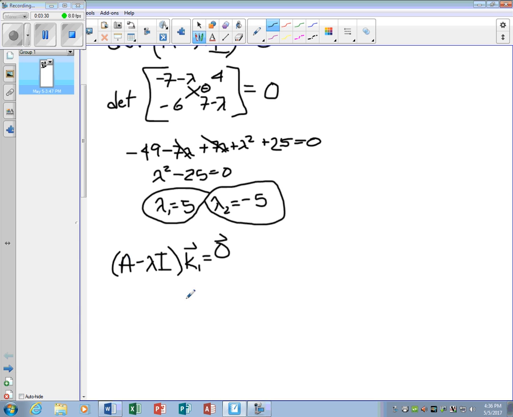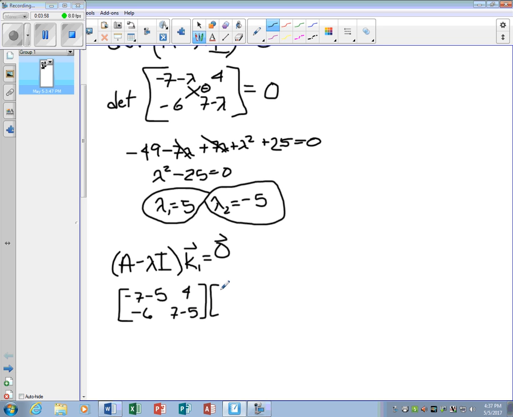So it's going to be 0 for the x and y axes. So we know we have this, but now we're just going to substitute the lambda in for it. So we got negative 7 minus 5. 4 stays the same, negative 6 stays the same, and then we have 7 minus 5.